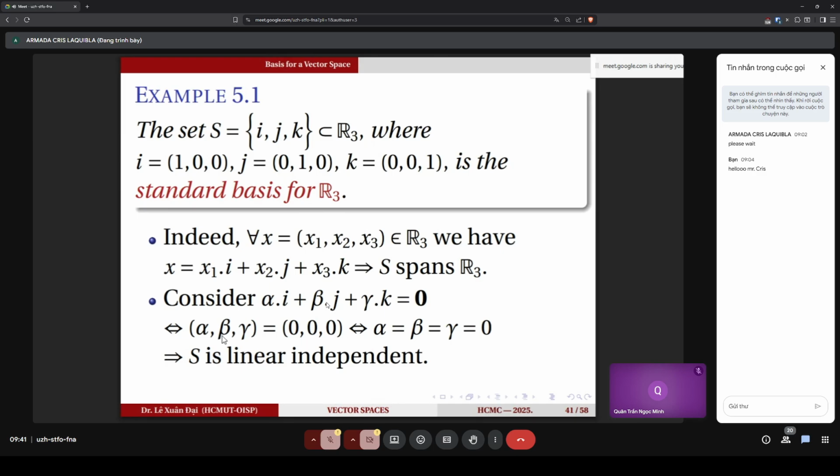We have this also as a definition for linearly independent. It is linearly independent if all the numbers there are zeros, right? These are what you call the lambdas, lambda 1, lambda 2, lambda 3, and here they use alpha, beta, gamma. So therefore, S is a basis for R3, and the dimension of R3 is, again, just count the number of vectors. There are only 3, so the answer is 3.